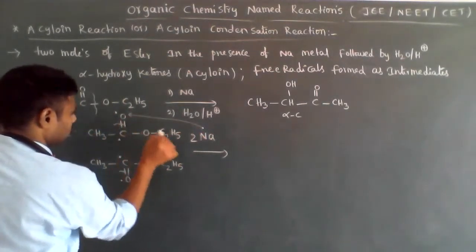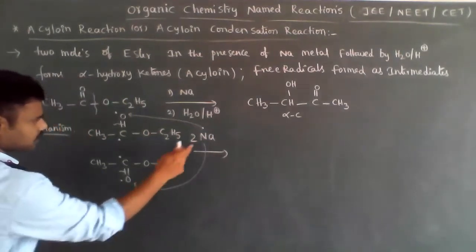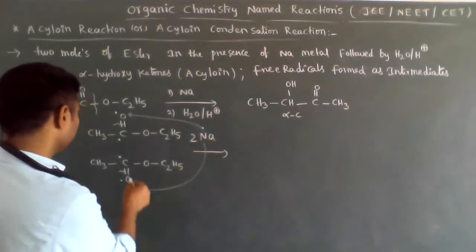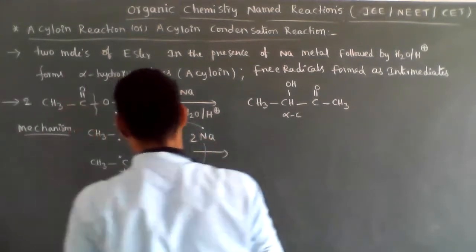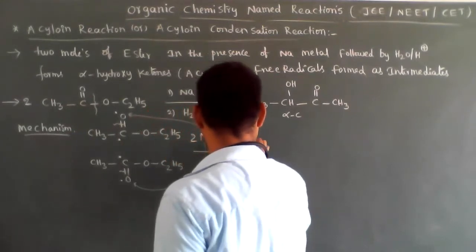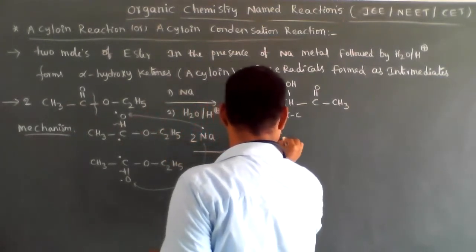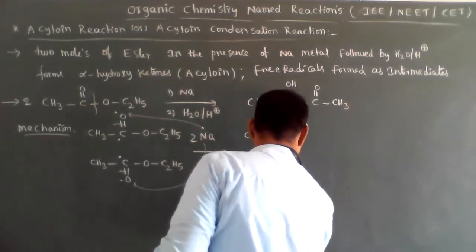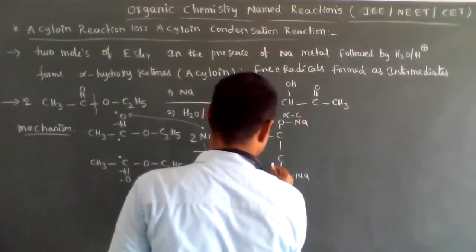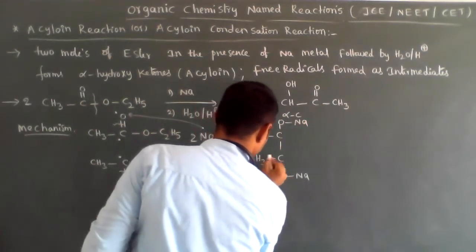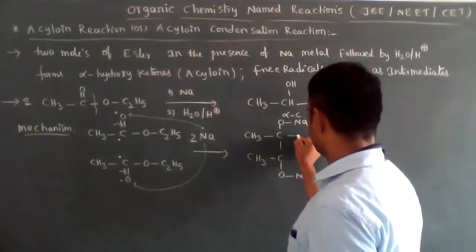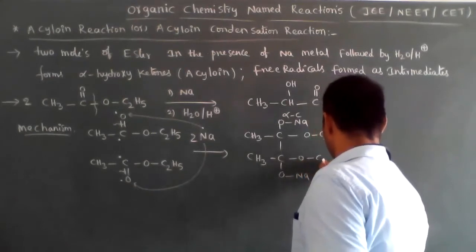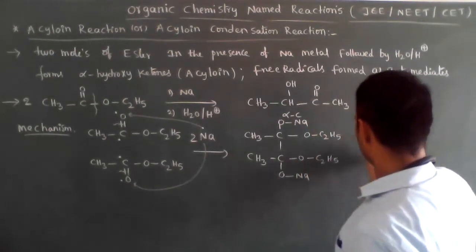Now this sodium donates 1 electron, forming O minus and Na plus, forming ONa, along with OC2H5.